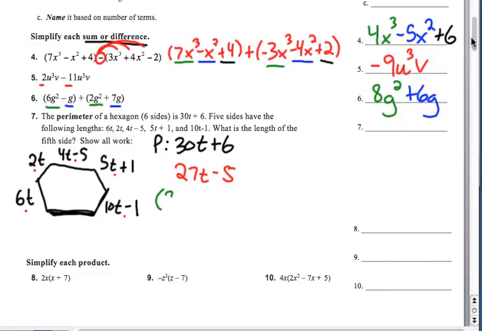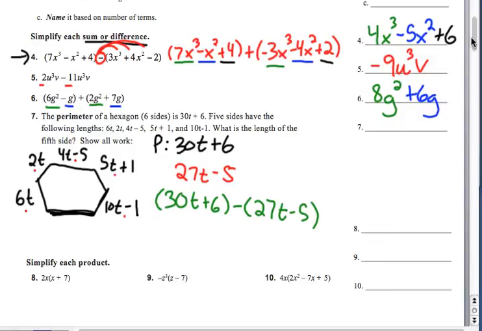So I'm going to find the difference between the total and what I have already. And that difference is going to give me the answer that I'm looking for. Now, here I notice a subtraction problem. I remember what we did up here in number 4.